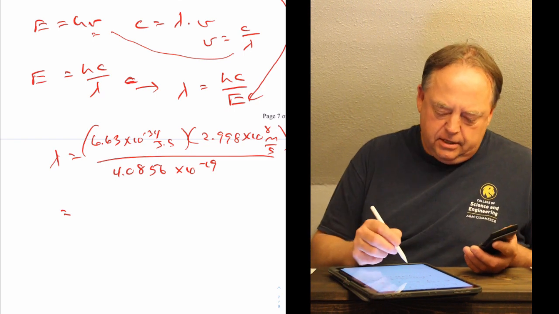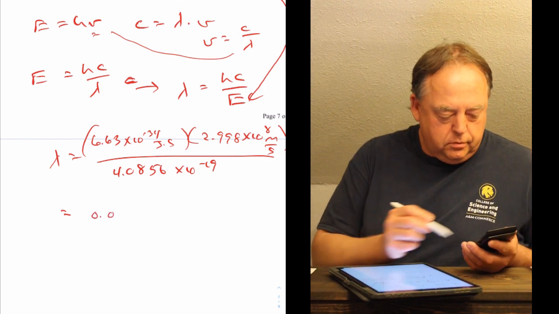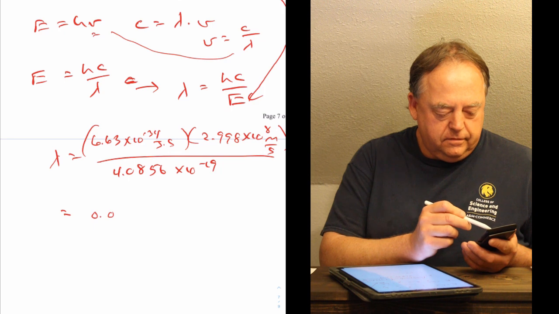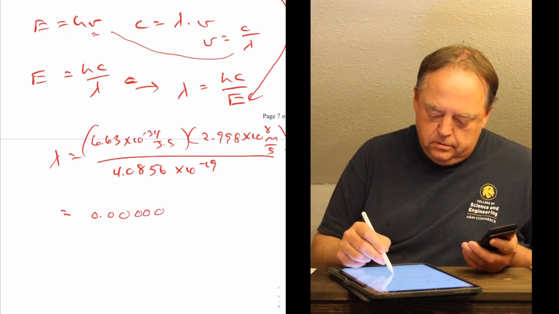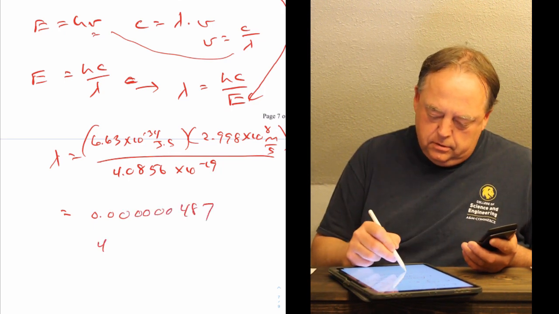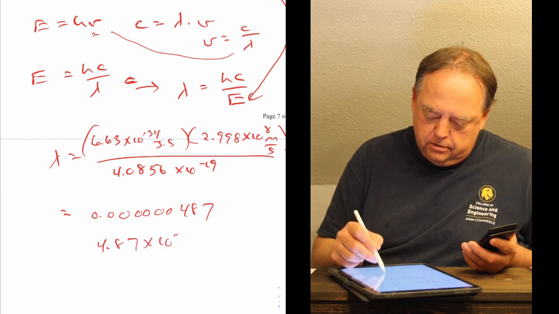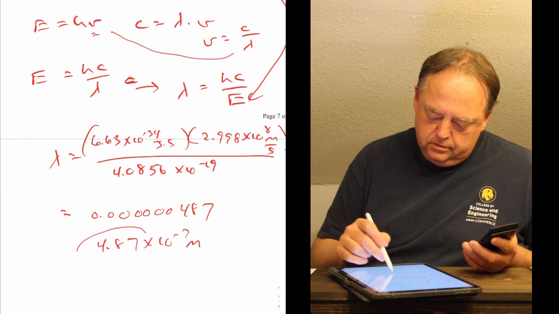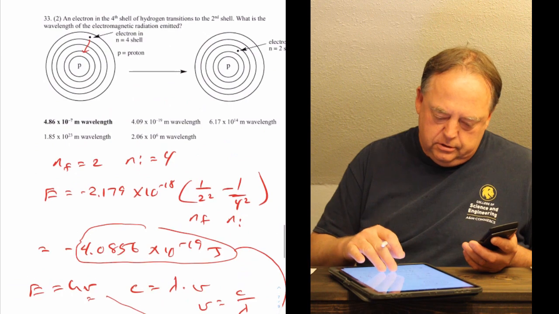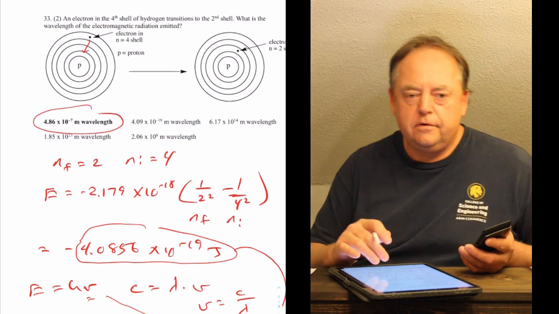Okay, so if you calculate that out, you get 4.87 times 10 to the minus 7 meters, which is your final answer.